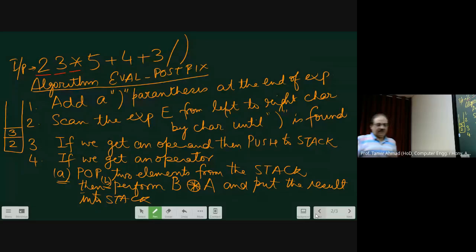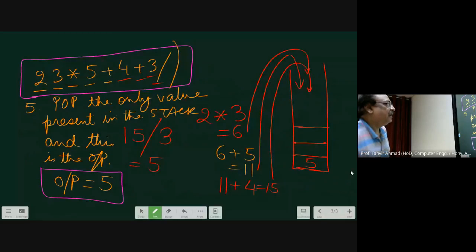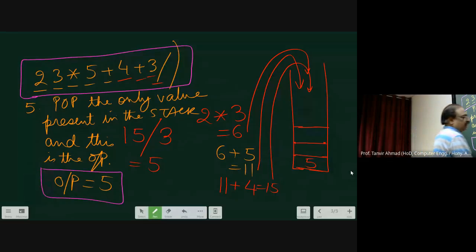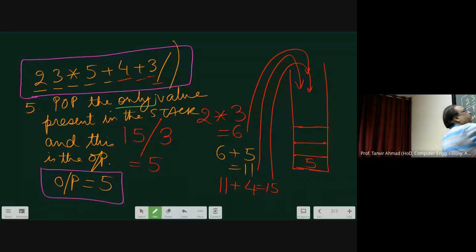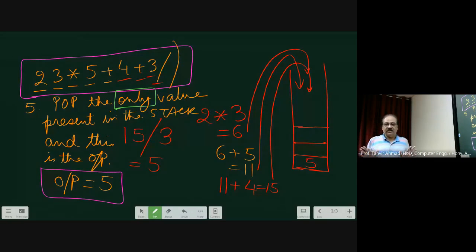Correct. Okay. Now, one thing you should have noticed very clearly, that I used a very important word over here. I used the word only. That means there should be only one value in the stack.